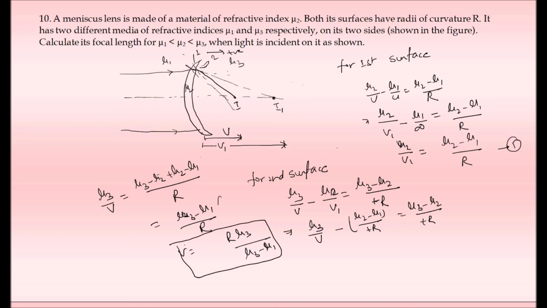So clearly the focal length for this situation is equal to R mu3 divided by mu3 minus mu1, as the parallel beam of light is focused at a point at a distance equal to the focal length.